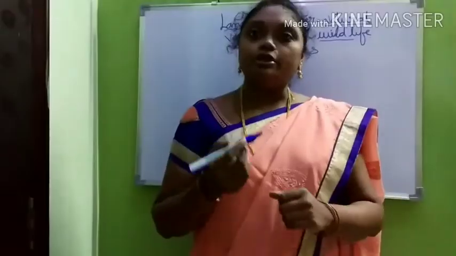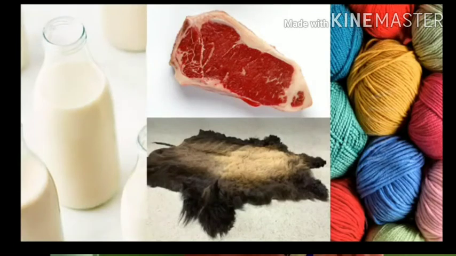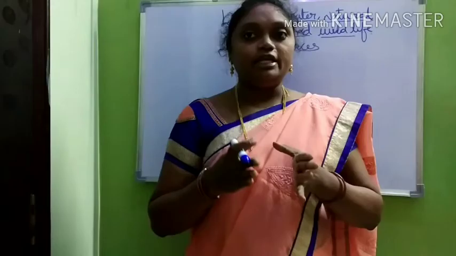Wildlife includes animals, birds, insects as well as aquatic life forms, which are integral to maintaining the balance in the ecosystem. The growth of vegetation depends primarily on temperature and moisture.